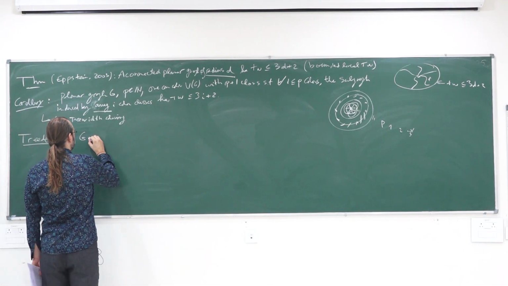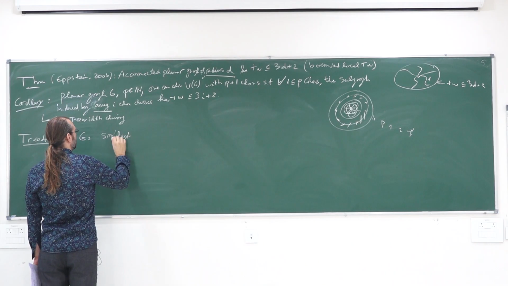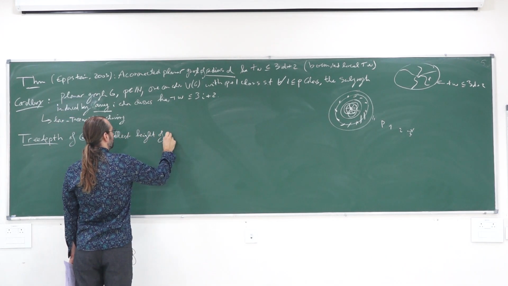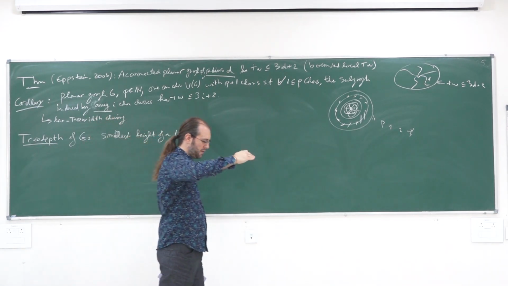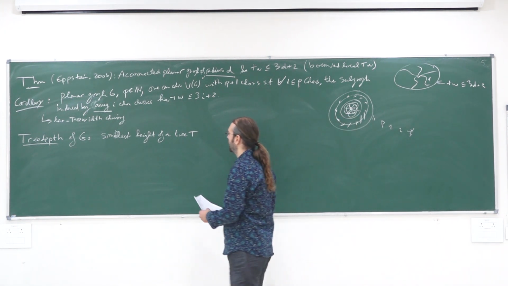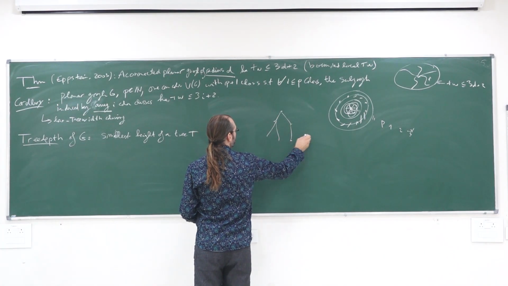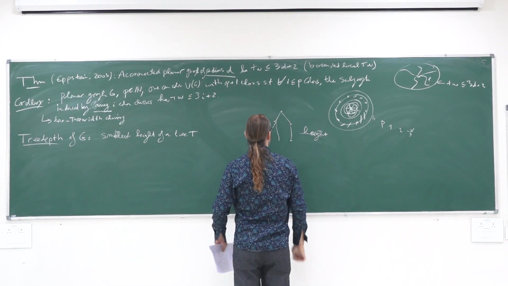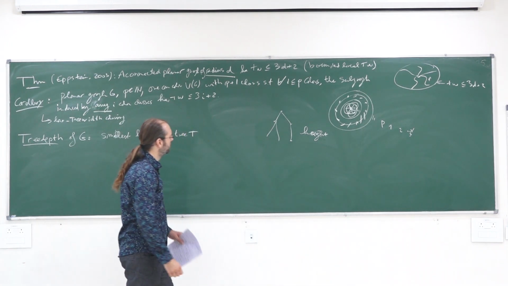It is the smallest height of a tree T, the height of a tree being not the number of levels, but the number of edges when you root it. So this has height equal to 2. Or maybe we take the number of vertices, I'm not sure.